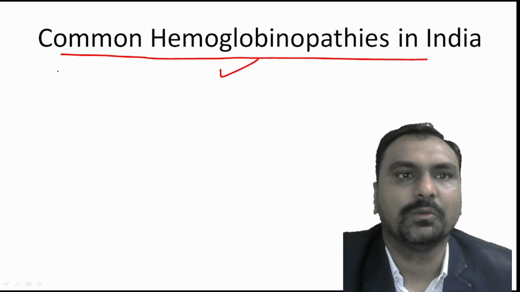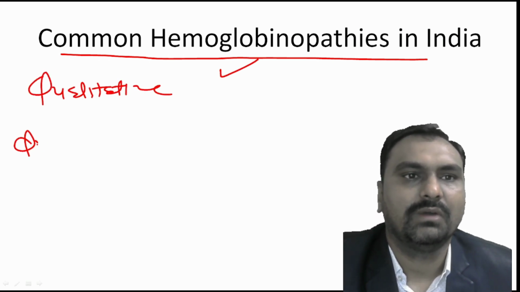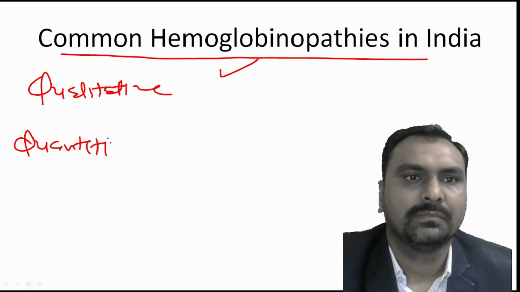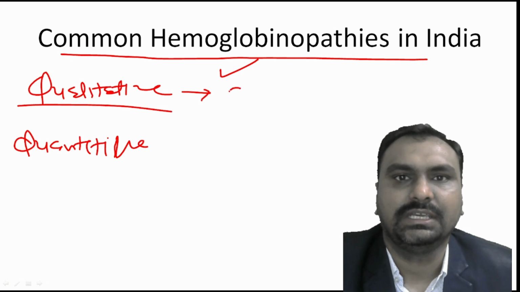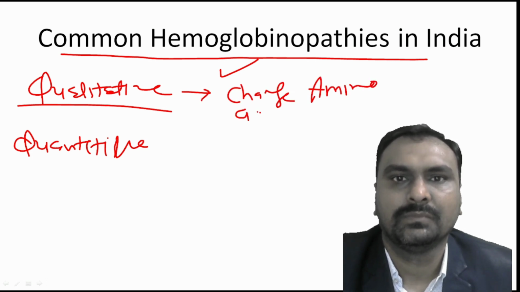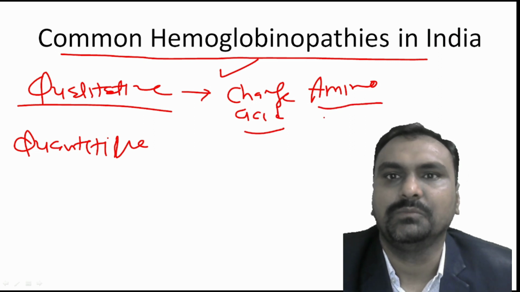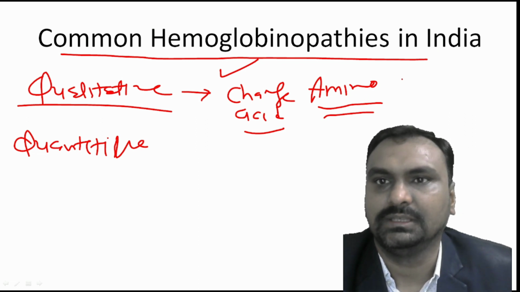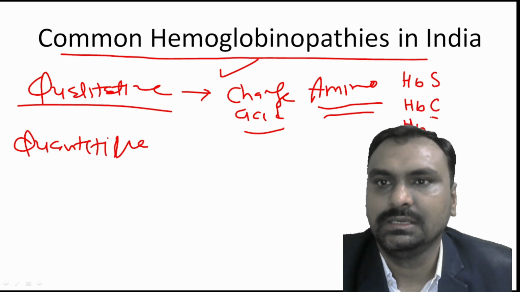As we know, hemoglobinopathy may be qualitative or quantitative. In qualitative hemoglobinopathy, there is a change in amino acids of either the alpha chain or beta chain because of a gene mutation. Examples of qualitative hemoglobinopathy are HbS, HbC, HbE.